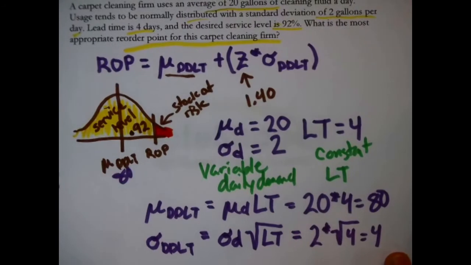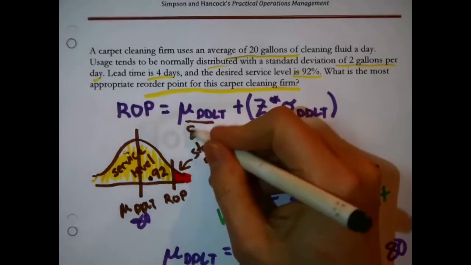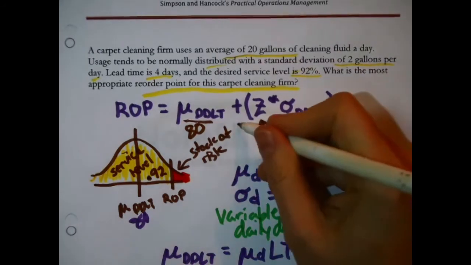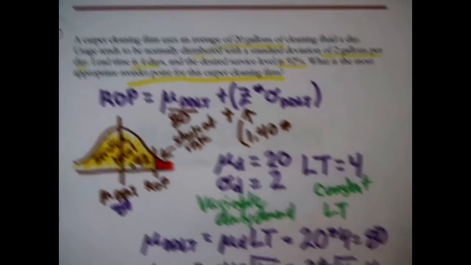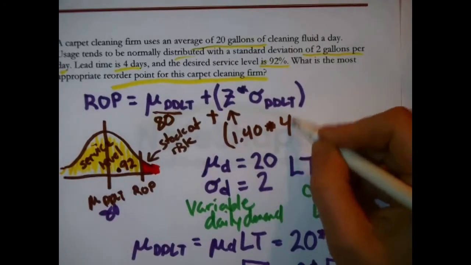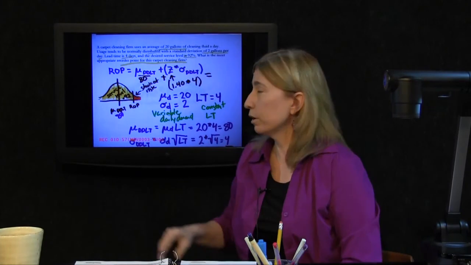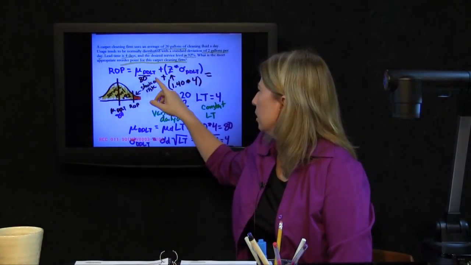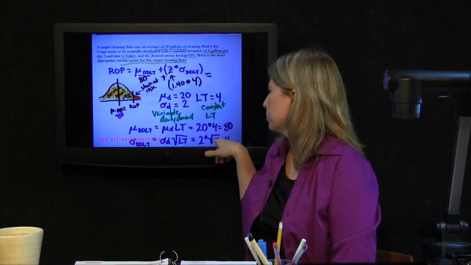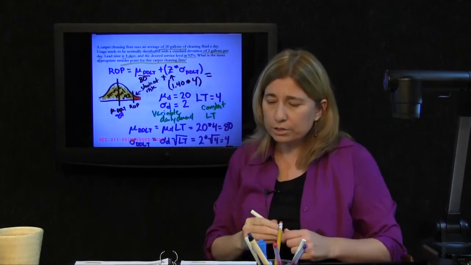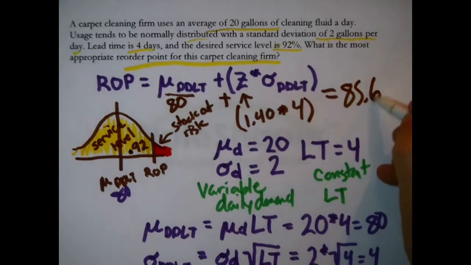To set the reorder point, going all the way up to the top, we would say 80, which we found out, plus 1.4 times 4. Now I'm filling out the formula that we started with. 80 plus 1.4, that z-value we got from the table, times the 4, which we got from that other formula. That's where we get 85.6.